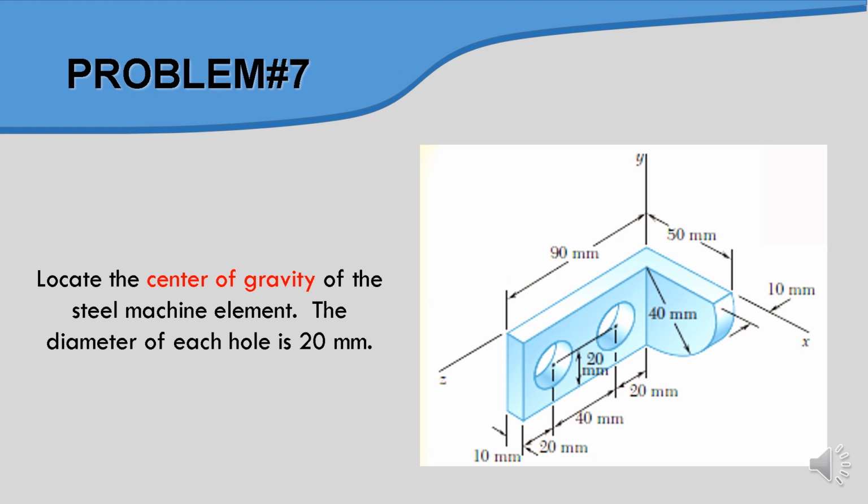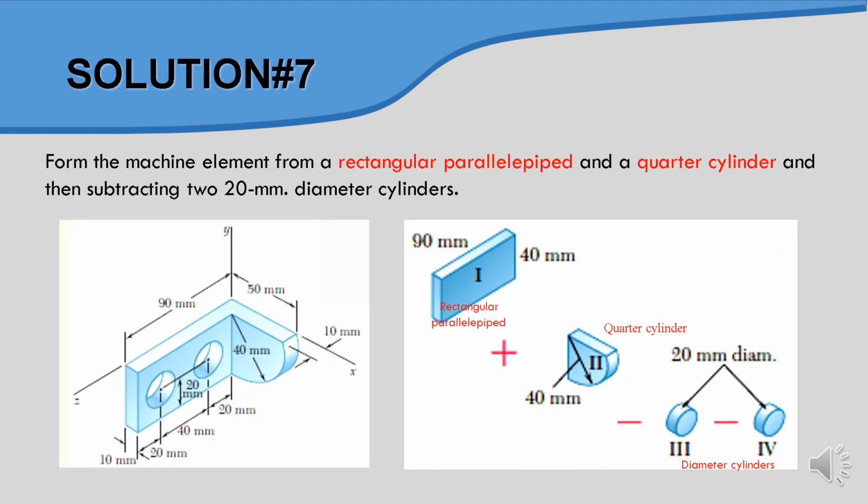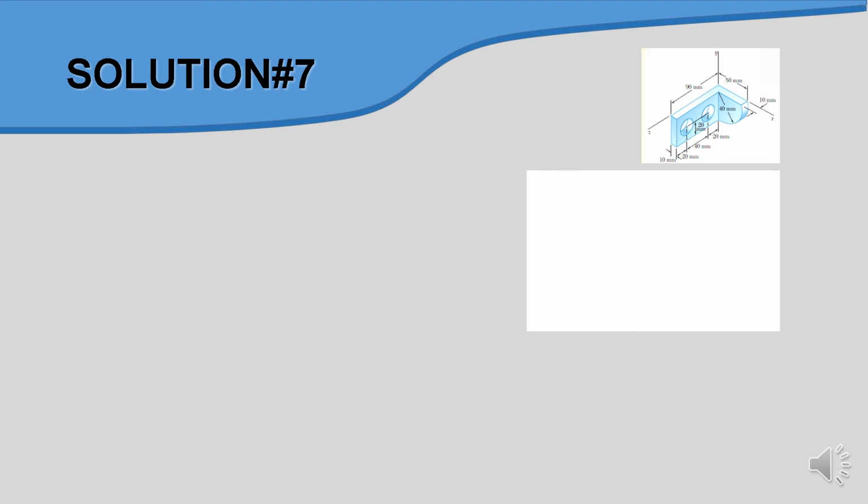Okay, for problem 7, we have to locate the center of gravity of the steel machine element. So we will divide it using several shapes. We will proceed with shape number 1 until shape number 4.